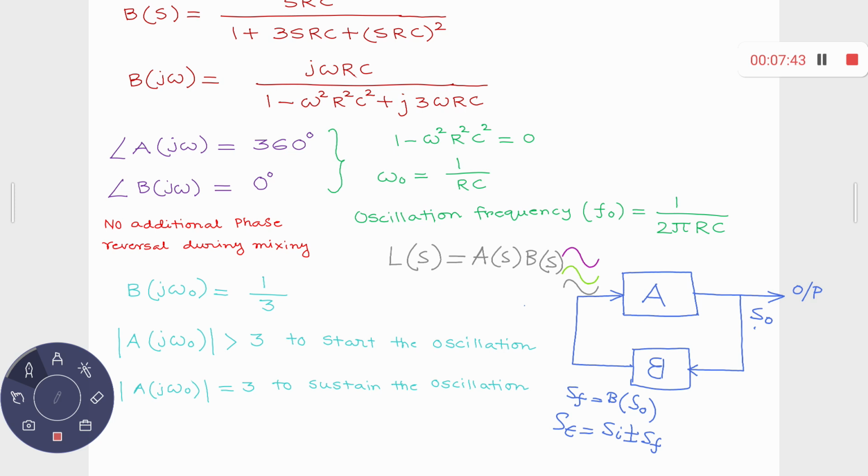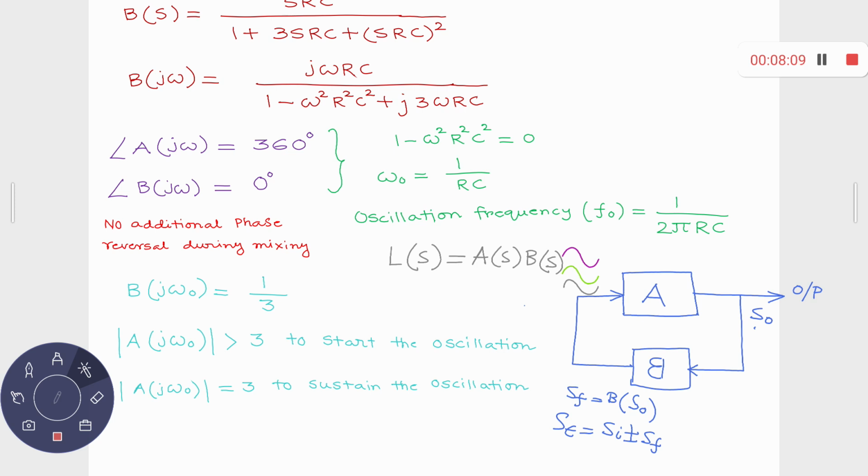Mod of L(s) is equal to unity, right? And the corresponding phase difference, if I consider from here to here and here to here, coming back over a point, the total phase difference is equal to 0 degree or 360 degree, and that condition is known as the Barkhausen condition or Barkhausen criteria for oscillation.